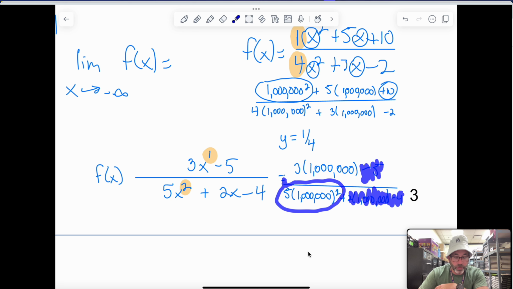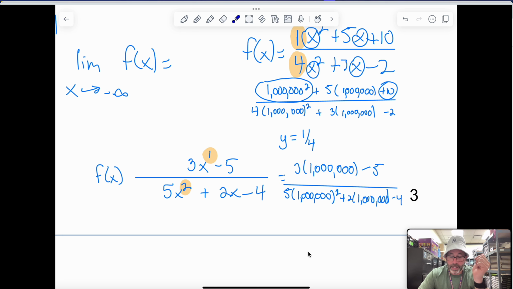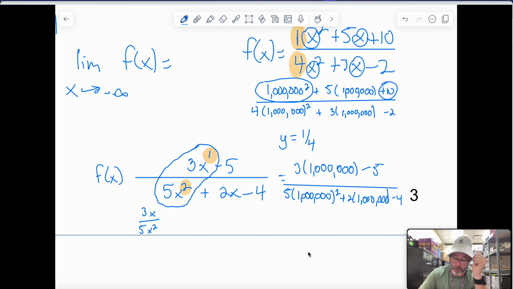So what's going to happen is we can basically ignore all the other stuff that's outside of there and let's just focus on this stuff right here, okay? Now, what's happening? If we focus only on this part right here, we have 3x over 5x squared. If I simplify this, this is really going to just be 3 over 5x.